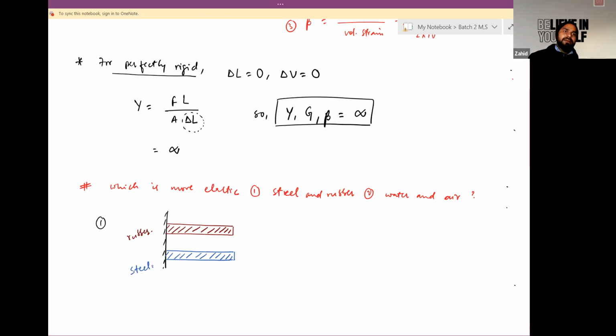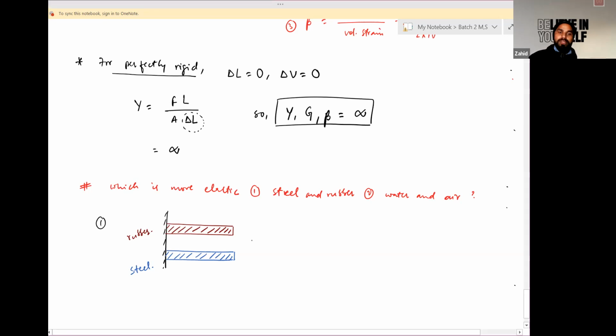Yes, sir. Now, if you apply any deforming force, or constant deforming force, to both of them, let's say first for rubber, and steel, in which of these two are you supposed to get maximum deformation?